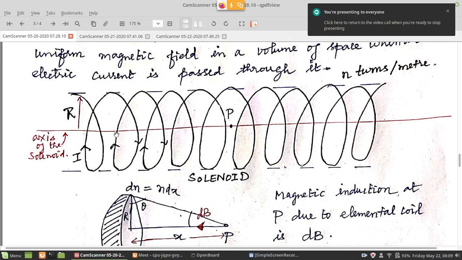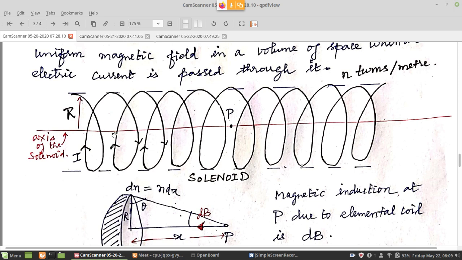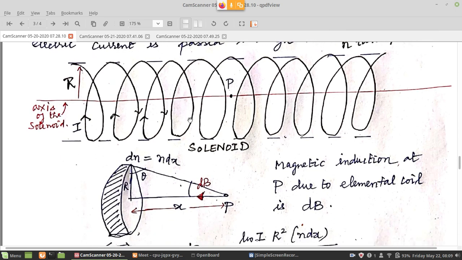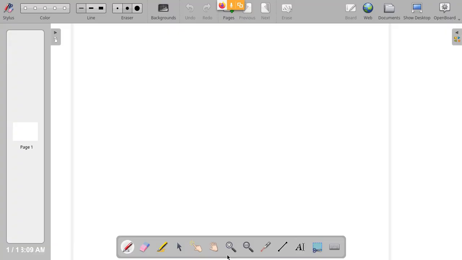We know the magnetic field produced by a single circular loop. So we have a coil.